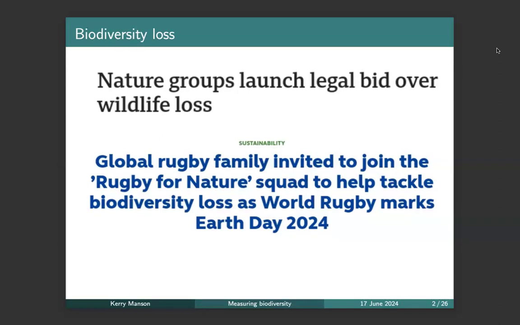And here's another headline I found, which I quite enjoyed: the global rugby family, World Rugby, are trying to help tackle biodiversity. So you thought nothing was safe from a rugby metaphor, well, there's the proof. Tackling biodiversity, great idea.